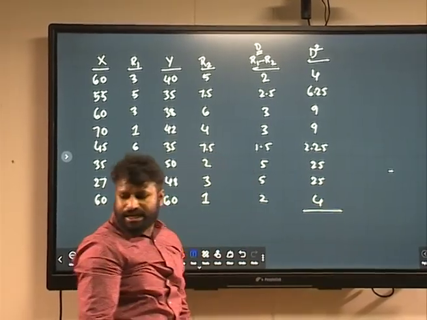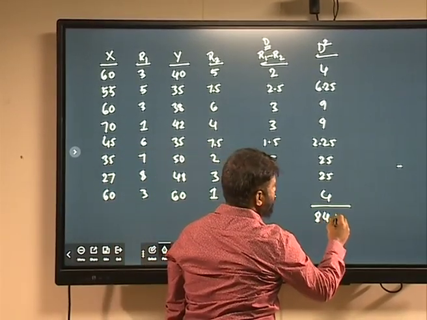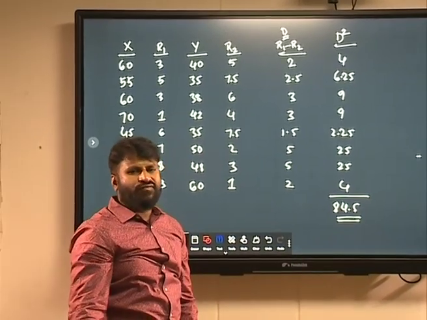So this d square aggregate value is equal to 84.5. So this is the sum of d square.